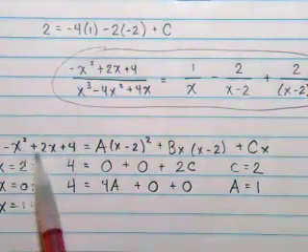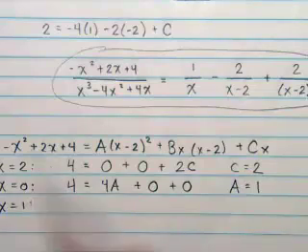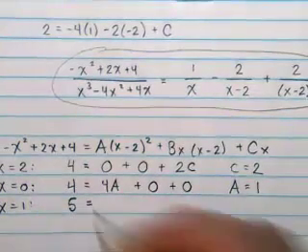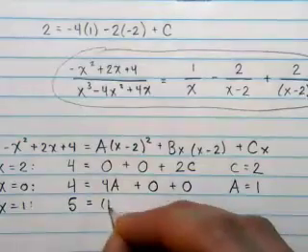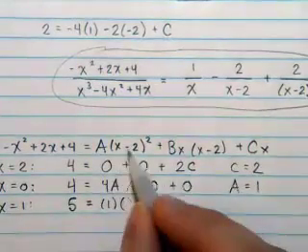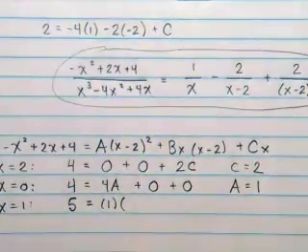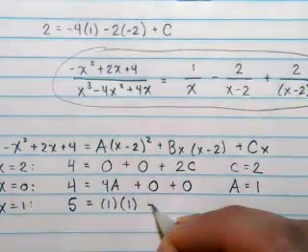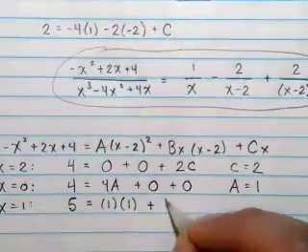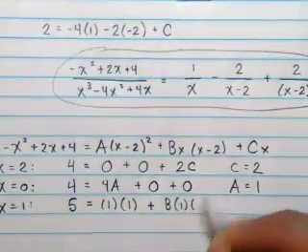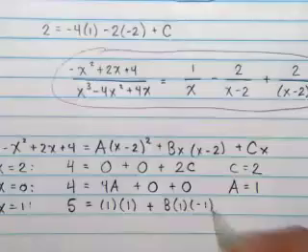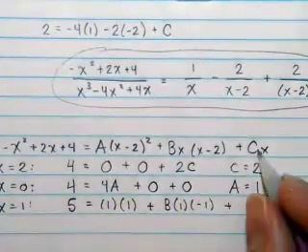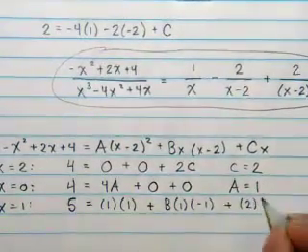So that would be 5, right? Okay. A we know is 1. 1 minus 2 squared, that would be negative 1 squared, so 1. Plus B we don't know, times 1. 1 minus 2 is negative 1. And then plus C we know is 2, and x we said was 1.